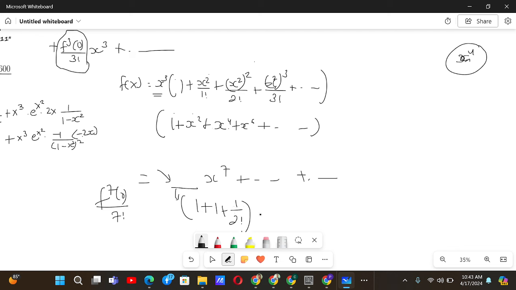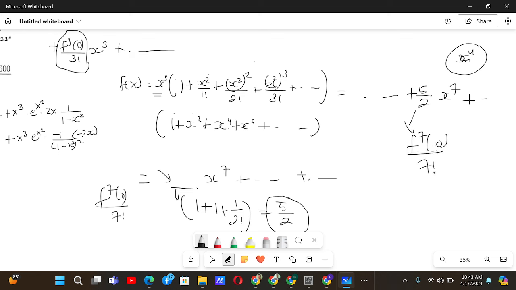The coefficient of x to the power 7 is 2 plus 1 by 2, which is 5 by 2. So in this expansion we have other terms plus 5 by 2 x to the power 7 and other things. We also know that this is f7 of 0 by 7 factorial. Since this is 5 by 2, f7 of 0 will be 5 by 2 times 7 factorial.